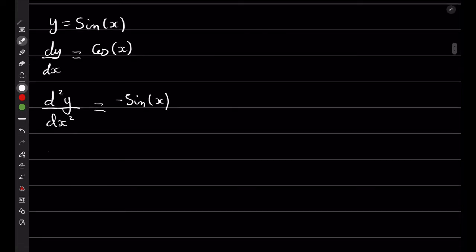We can keep going. d cubed y over dx cubed is equal to the differentiation of negative sine. The differentiation of sine is cos, rather, so the differentiation of negative sine is negative cos. Sorry, I went ahead of myself in that one. So it's cos x, then negative cos x.